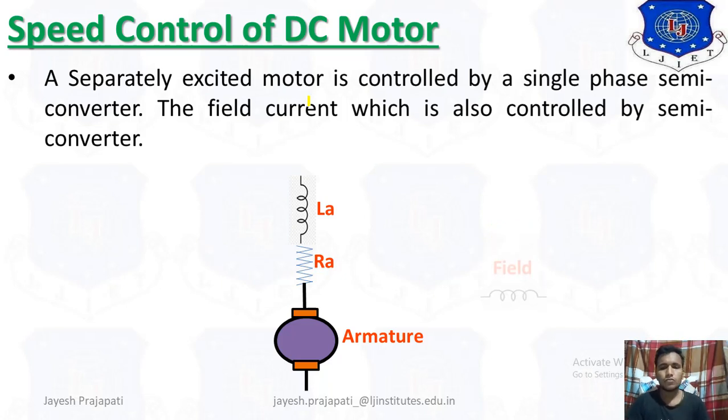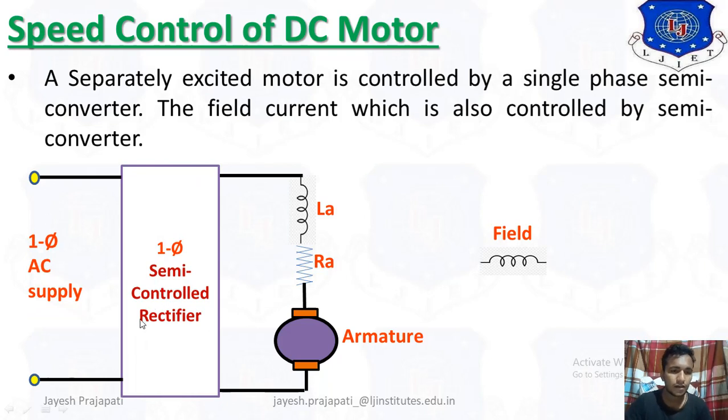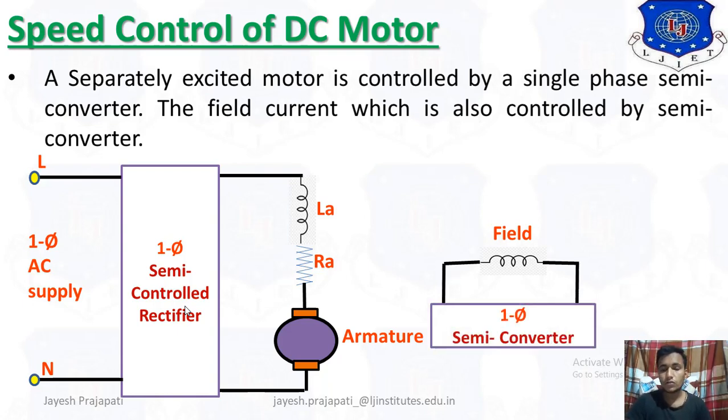Then we give this DC supply to the armature by a semi controlled rectifier. In the input there is a single phase AC supply, so AC to DC is converted by this rectifier, and we have used a semi controlled rectifier. LN is the line and neutral. Now we connect the field circuit also with a single phase semi converter and with AC mains.